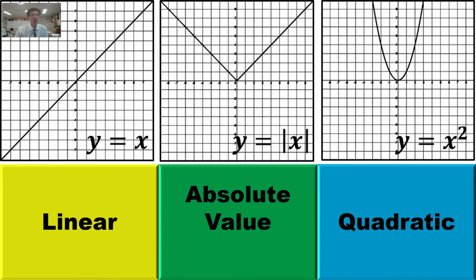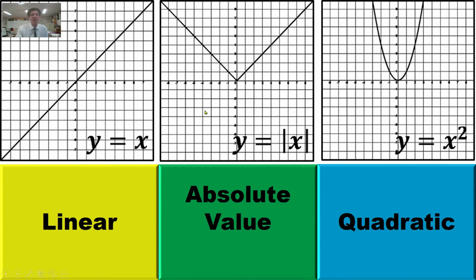When we look more closely at the three graphs of the parent functions, we can see that they are all very similar. In the linear function family, the line passes through the origin. In the absolute value function family, the line passes through the origin. And in the quadratic function family, the graph passes through the origin.